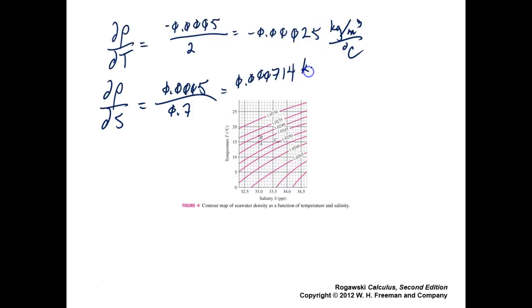And that would be kilogram, I'll write it the way they do, per meter cubed per PPT, part per thousand. They rounded just to 7, 3 zeros and a 7. I was wondering how much they were going to do. 0.0007 kilogram per meter cubed per part per thousand. Weird units, right? But that's how it changes with that.